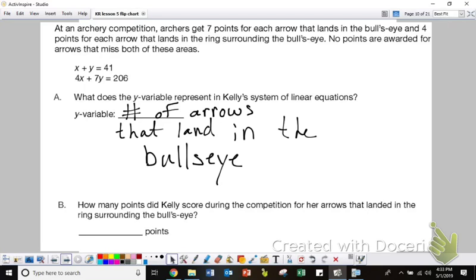So using the system of equations that we're given, that x plus y is equal to 41 and the 4x plus 7y equals 206, okay, I can use that then to be able to figure out how many points she's going to get. Because they're both in standard form, I want to get them to be able to cancel out.